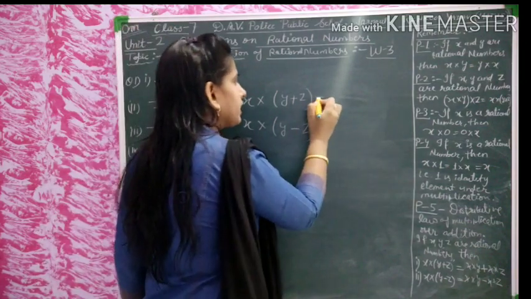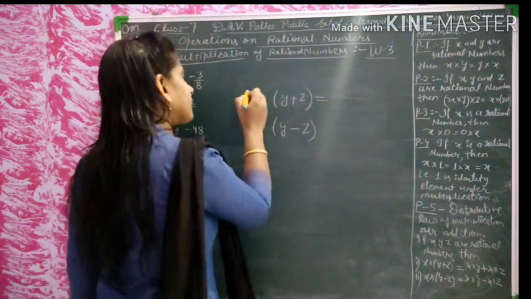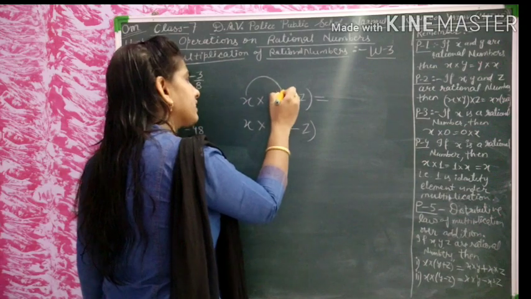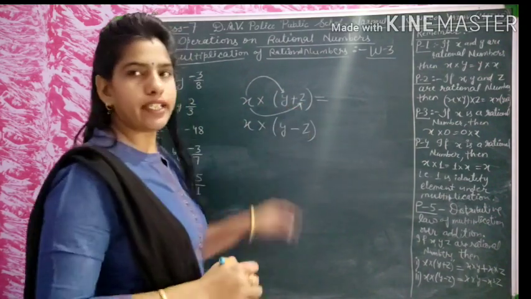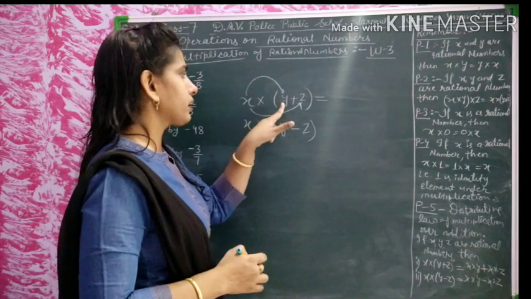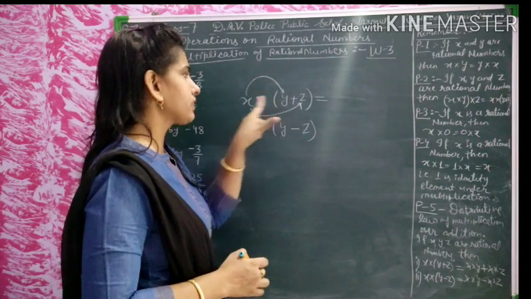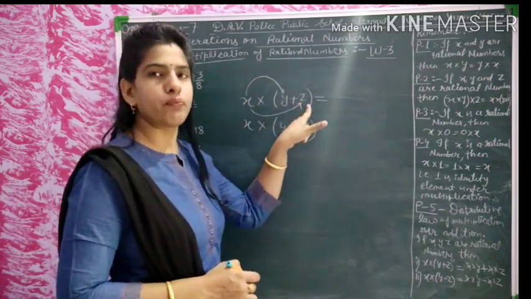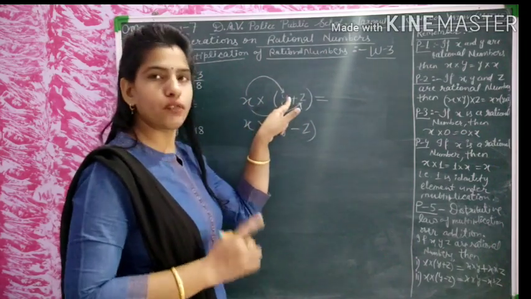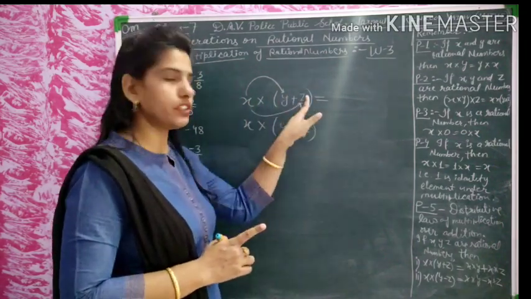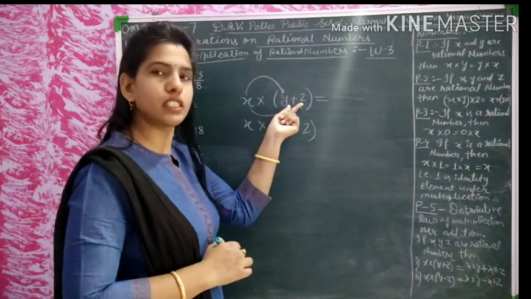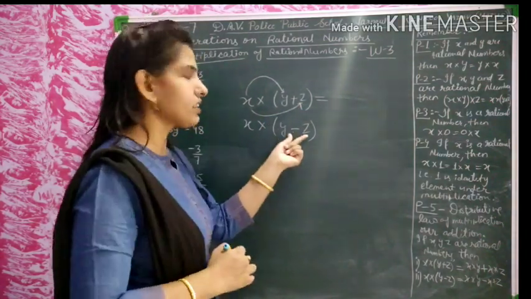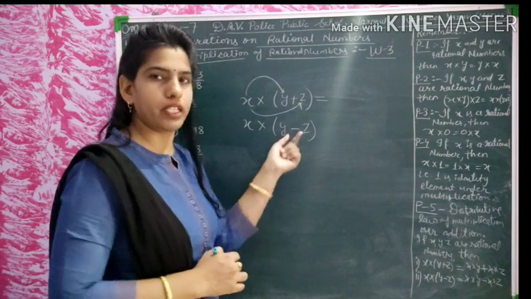Now we are seeing these multiplying, as we have already done this exercise, the distributive property like question. x into y, first multiplying x by y and then plus x into z. First multiplying x by y and then x by z. In between, the operation is plus here, and in the other, the operation is minus.